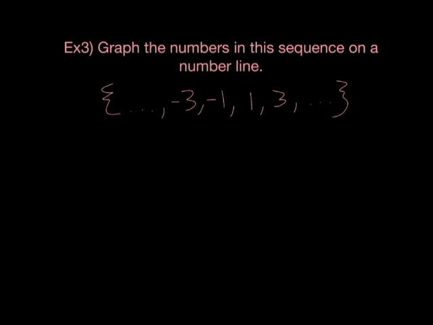Example 3. Graph the numbers in this sequence on a number line. So here is this set of numbers. We have -3, -1, 1, and 3. So we have to graph those 4 numbers on a number line. So we're going to start, of course, by drawing a number line.